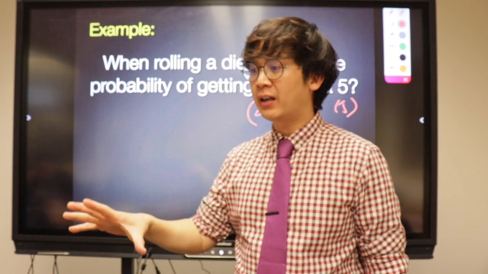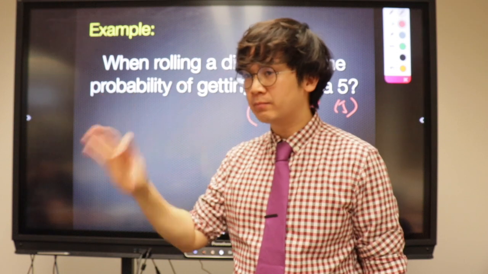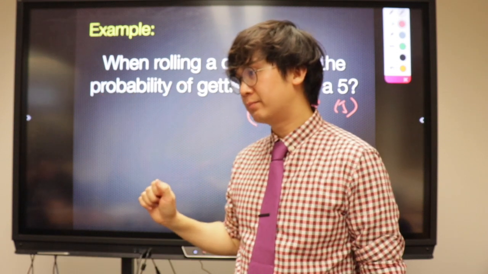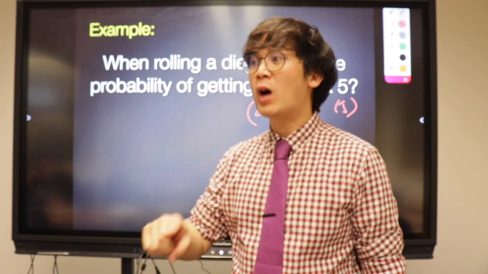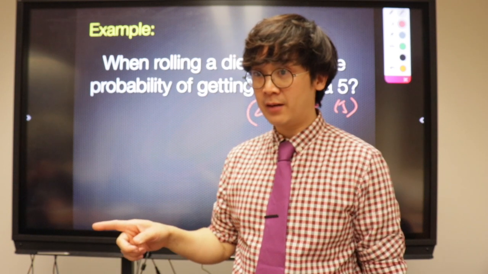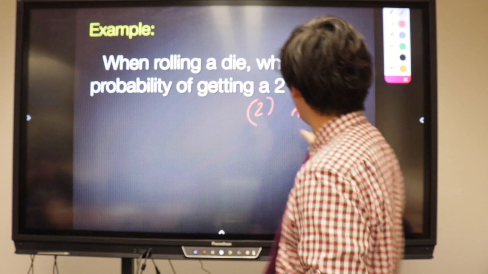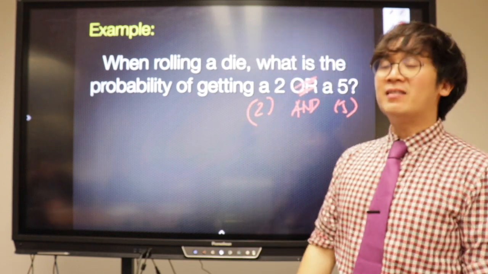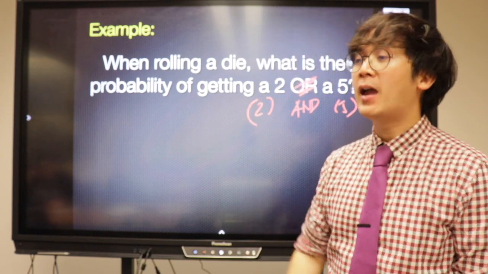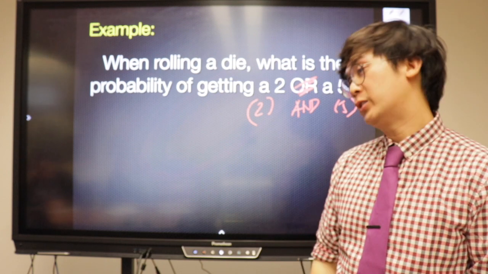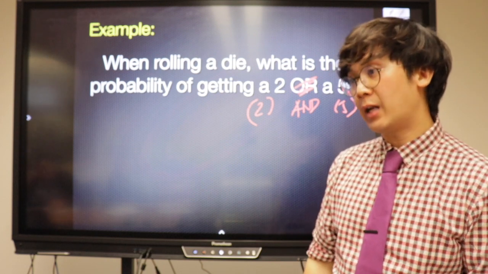Which means when you roll 2 dice, let's say, 2, 5 is appearing. And if you roll and it's 1, 1, it's not a success, right? So what's the probability that it will be exactly a 2 and a 5? In this case, we're going to multiply. The AND operation is multiplication in probability.